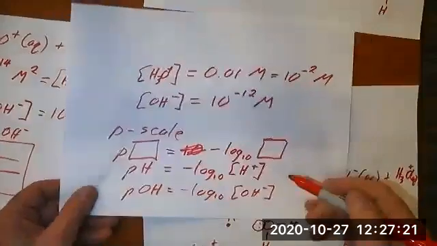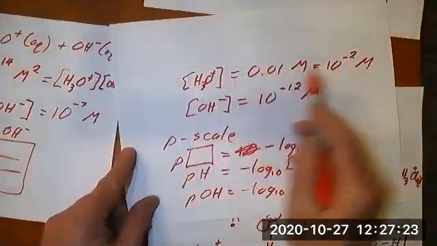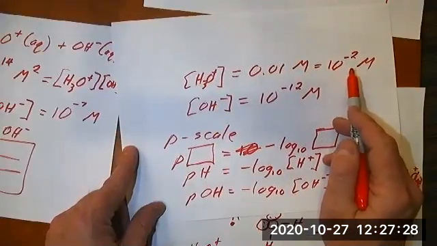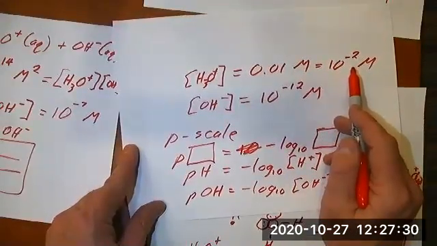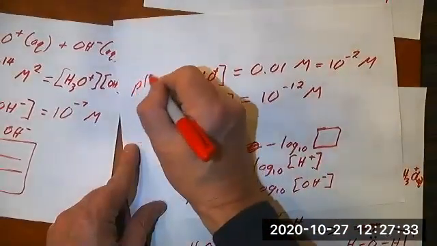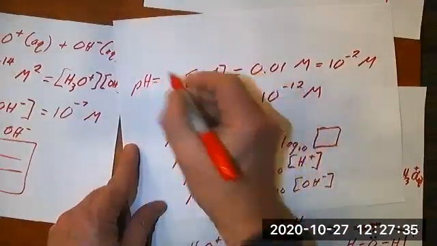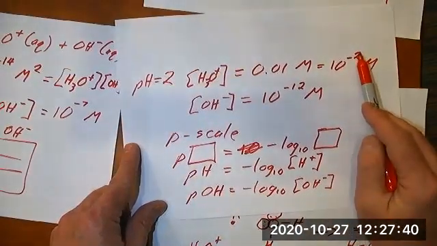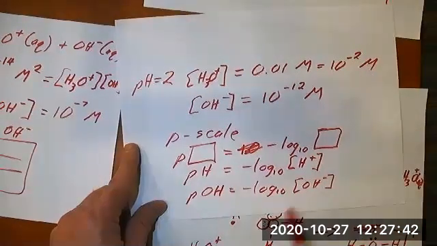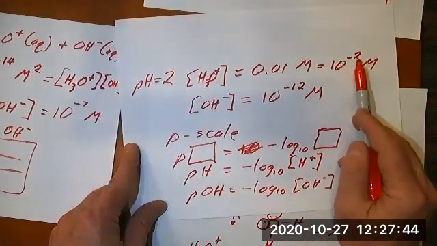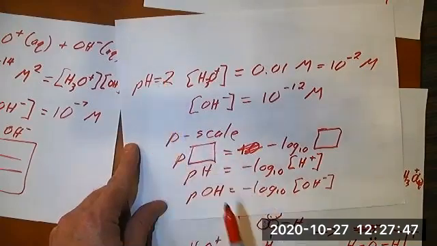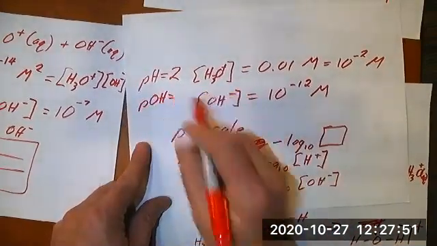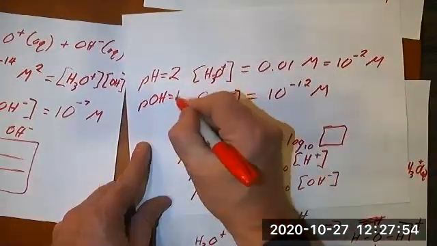So in this case, if our H3O plus ion concentration is 10 to the minus 2, then that means our pH of this solution is going to be 2. So 10 to the minus 2, we take the exponent by taking the log base 10, and then change its sign, it becomes 2. And our pOH of this same solution is going to be 12.